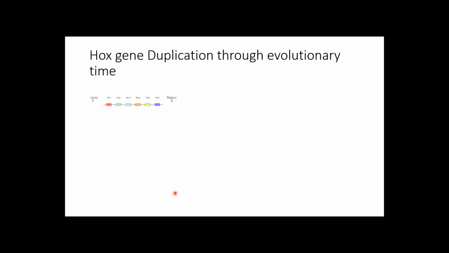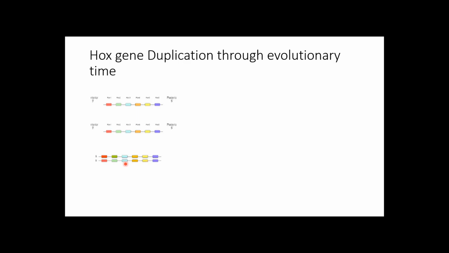Okay, let's see if I can clarify the Hox gene duplication through evolutionary time a little bit. So we'd have our one Hox gene cluster from our inferred ancestor, and if that's duplicated, then you would end up with this. Well, sometimes the duplication takes place where you end up with 2 genomes stuck together. So in one critter there'd be nothing, in this one there'd be 2. They were linked. Okay, so that would be a whole genome duplication where they're stuck together.